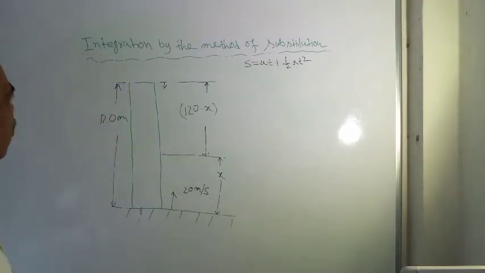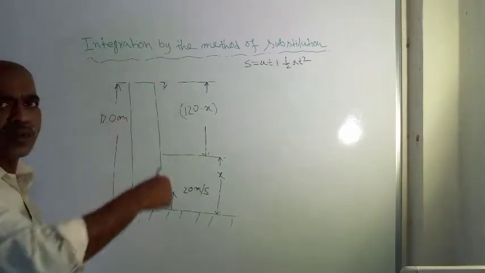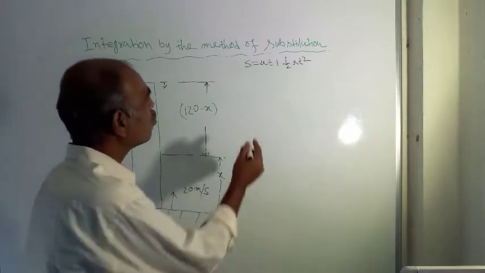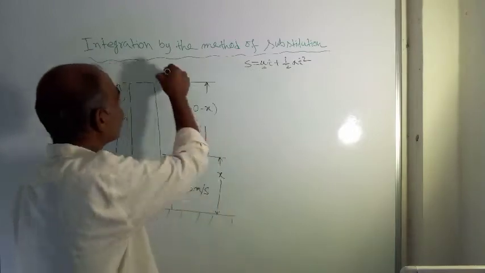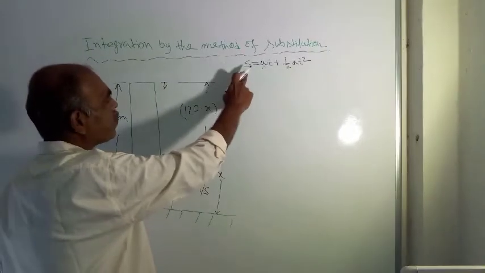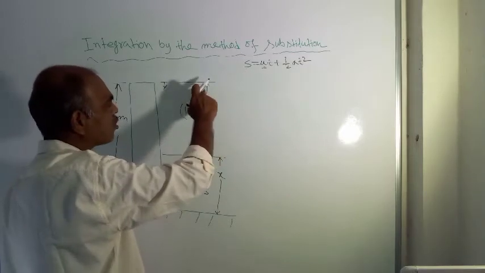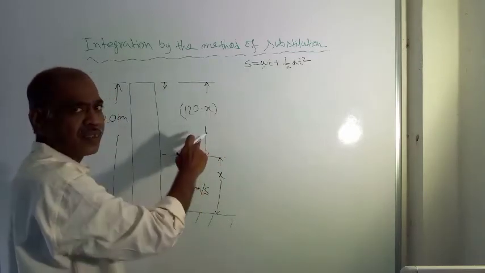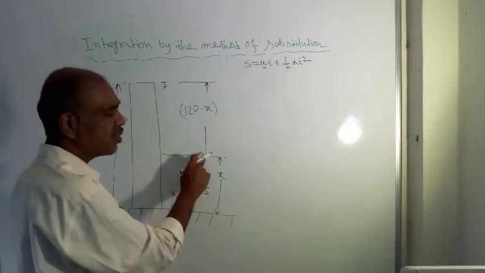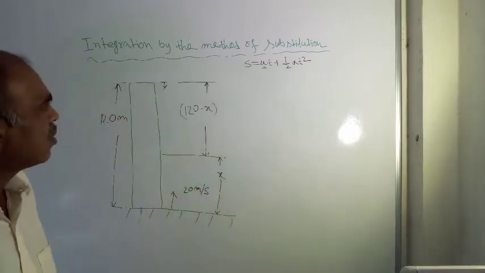Now, for this stone, which is going in the downward direction, it has zero initial velocity, so u becomes 0, and s will be replaced by 120 minus x, this height. We have assumed that somewhere here both the stones will meet.